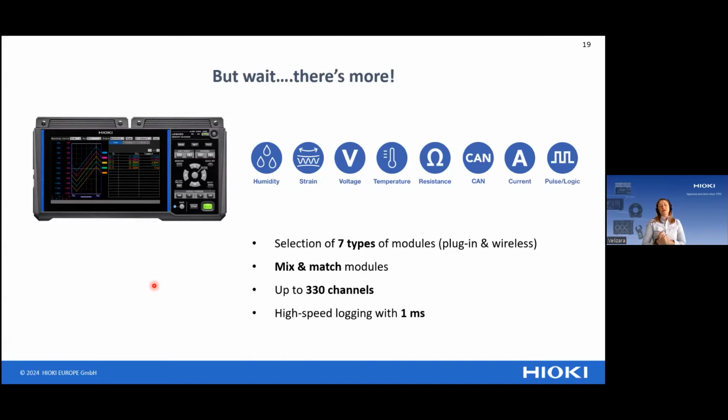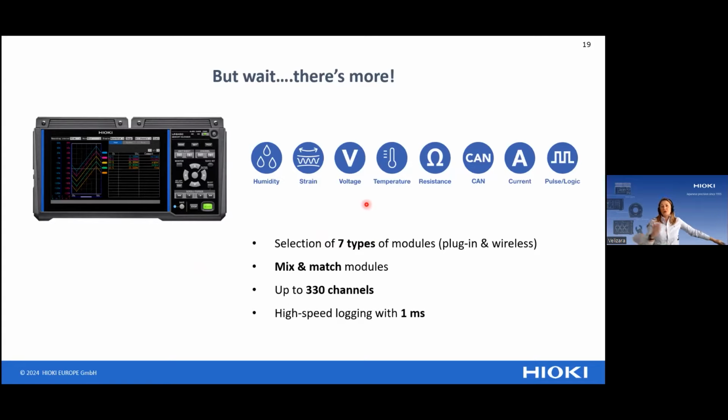For that, you can connect a variety of other modules to the data logger. You could use the analog voltage and temperature modules to measure the temperature or the heat flow. We have a selection of 7 different types of modules in total, so 7 plug-in plus 7 wireless modules, and there is a variety of parameters that you can measure.